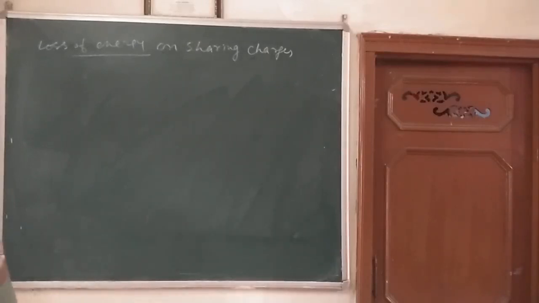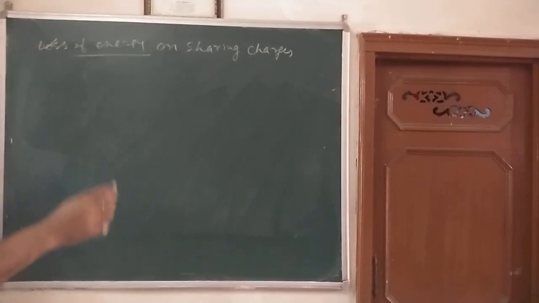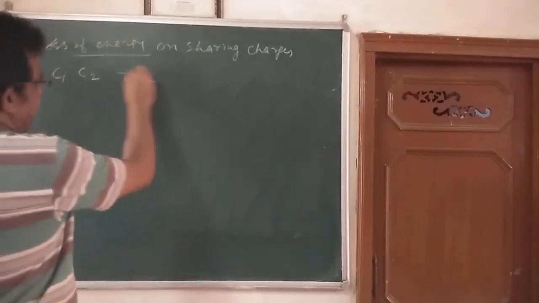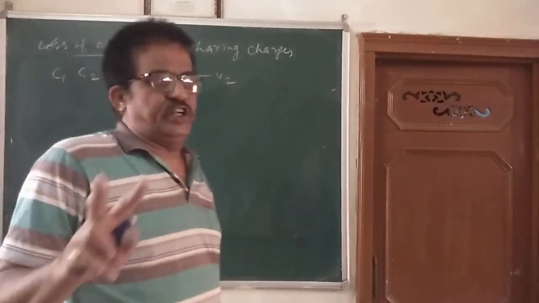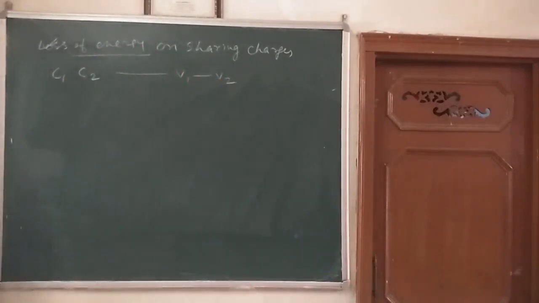What is our problem? To calculate the loss of energy, suppose two capacitors of capacitance C1 and C2 are charged respectively at potentials V1 and V2. दो कैपेसिटर लीजिए, उनको पोटेंशियल कितना देंगे आप? V1 and V2.